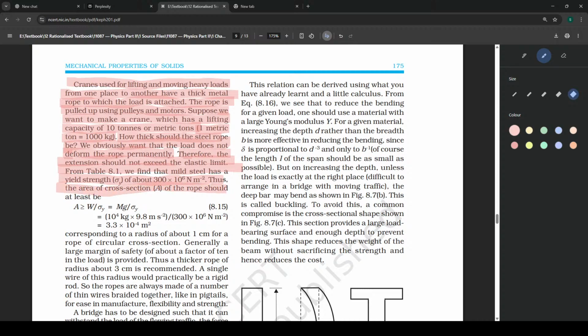Thus, the area of cross section of the rope should at least be A greater than or equal to W by sigma y. Yield strength, not the yield point. It is basically the elastic limit.